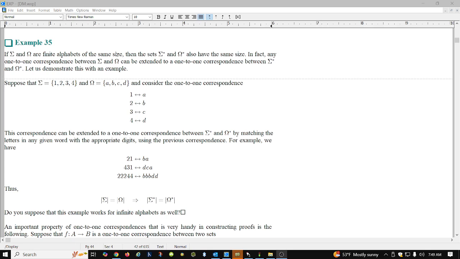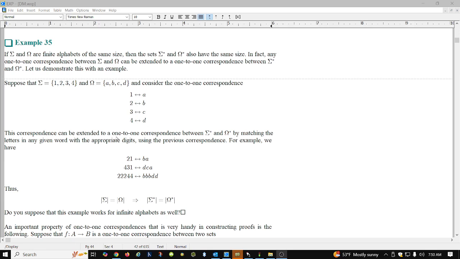As a matter of fact, any one-to-one correspondence between the alphabets, sigma and omega, can easily be extended to a one-to-one correspondence between sigma star and omega star. So again, let's look at that by example. Here's sigma and here's omega, and here is a one-to-one correspondence, kind of the obvious one.